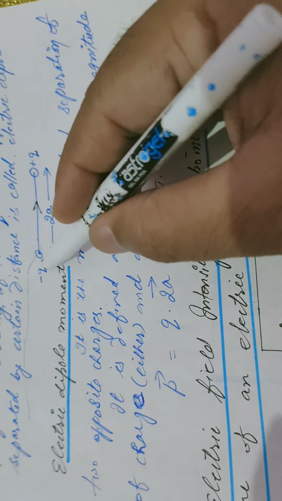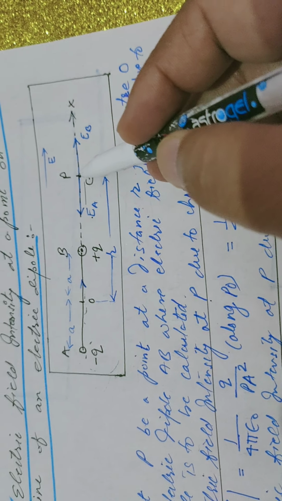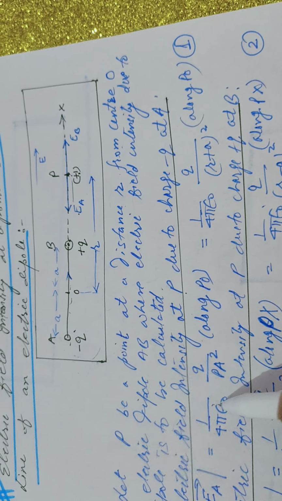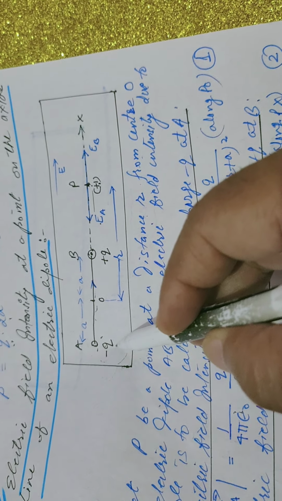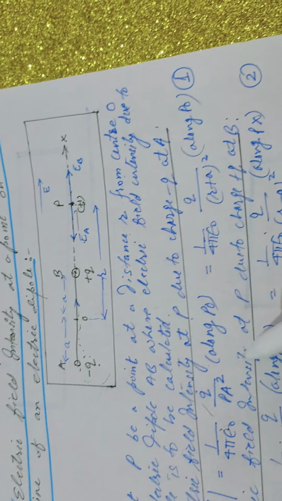Now first of all, I will calculate electric field intensity at point P due to charge minus q at A. So first of all, I am going to calculate EA, that is electric field due to minus q at this point, and the result is 1 by 4 pi epsilon naught, q into 1 is q, over distance between the two, PA square.